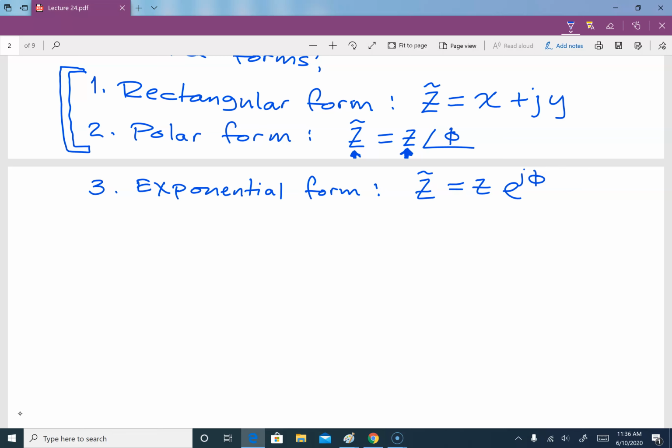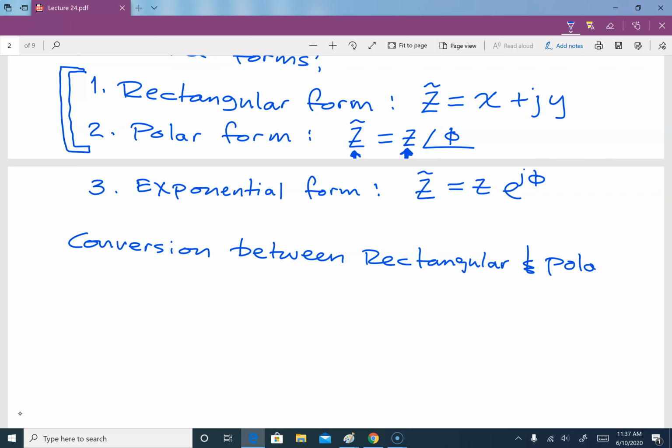So now, to convert between rectangular and polar forms.